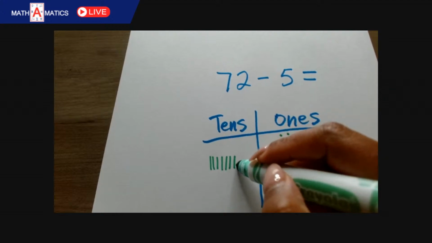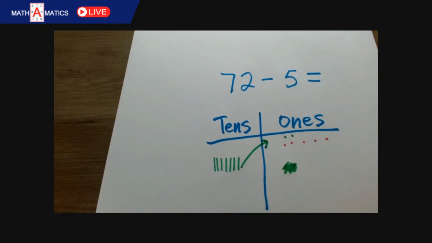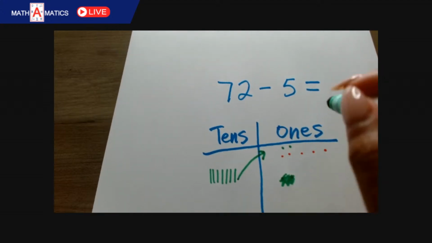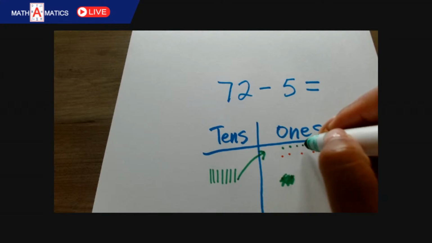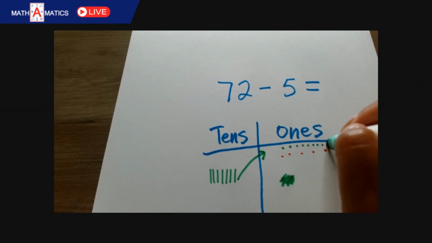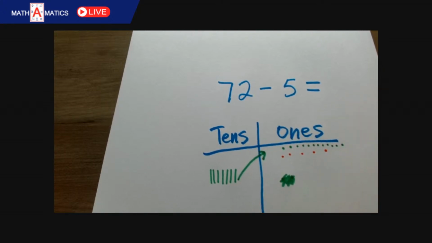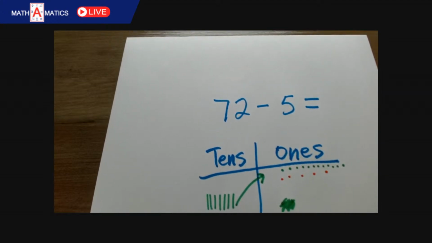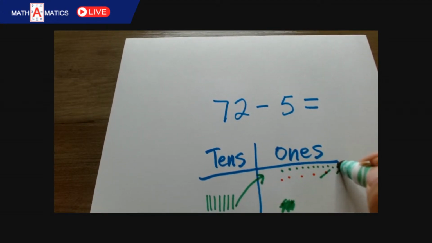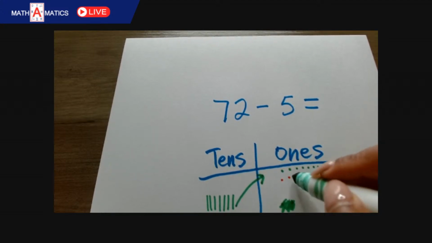So we're going to give this 10 right here to our 2 ones. We're going to add 10 to that. 1, 2, 3, 4, 5, 6, 7, 8, 9, 10. And then now we're going to take those 5 reds away or connect them to one of our greens each time.